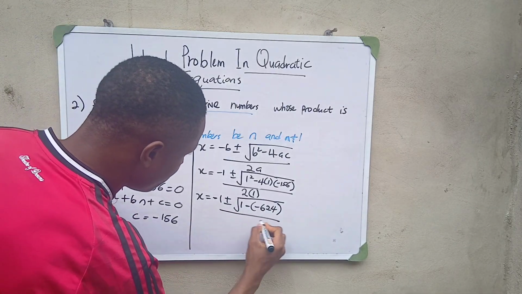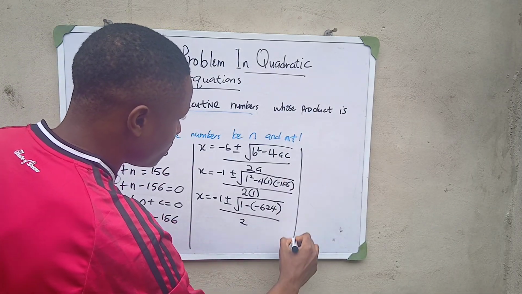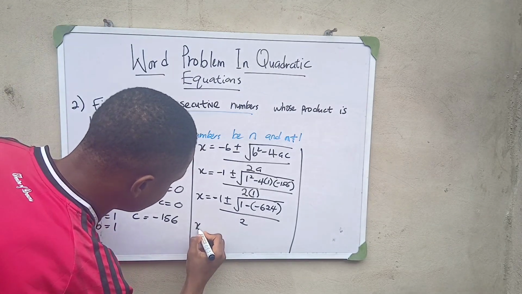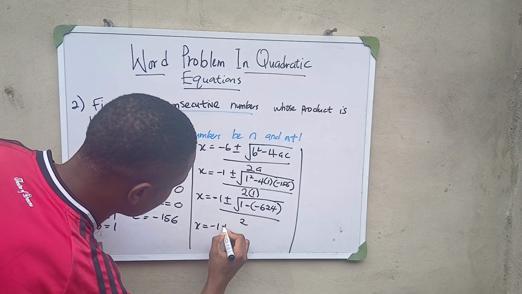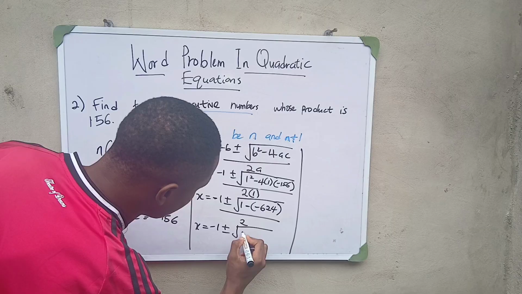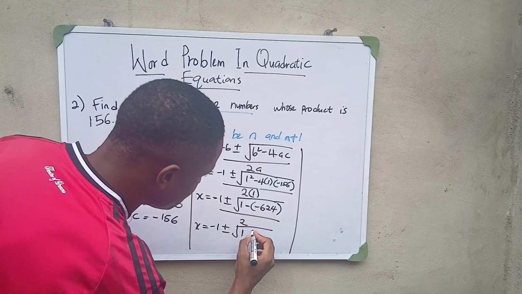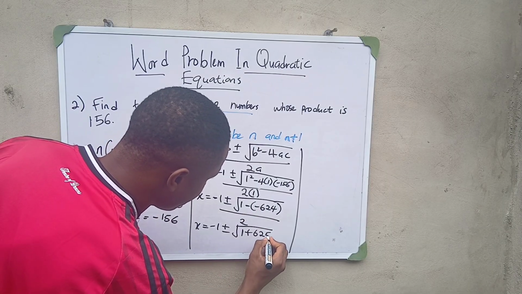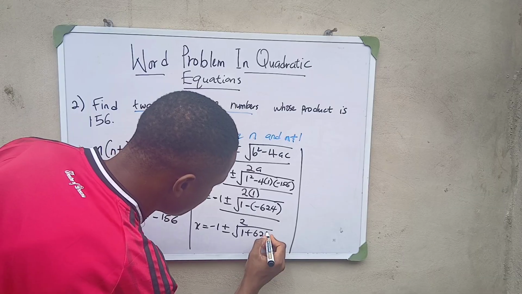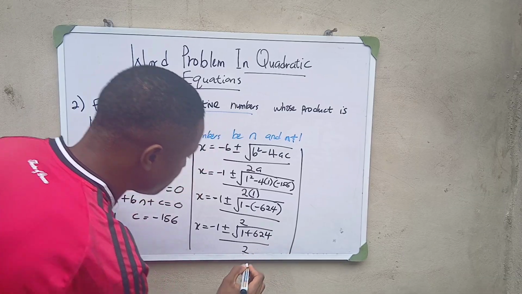So all over 2. So x is equal to minus 1 plus or minus square root of 1 minus minus is plus 624 over 2.